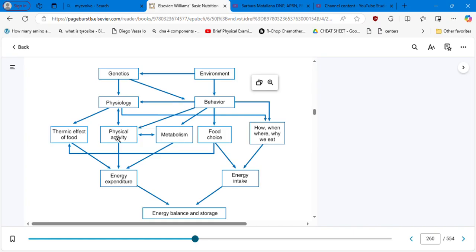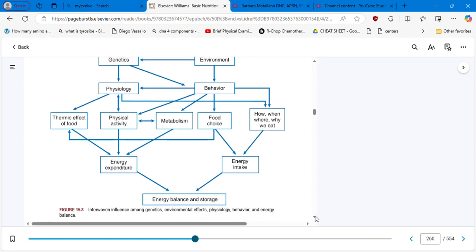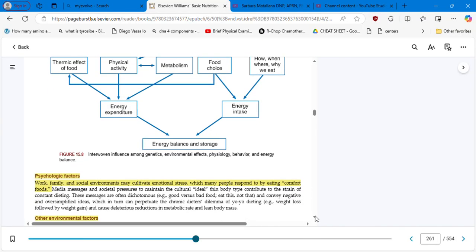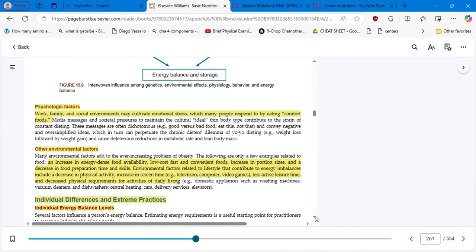Now my physical activity, if I am sedentary, is going to trigger a lot of consequences in my physiology, right? But if on top of that I'm having a genetic factor, the physiology is going to meet all the history that I just mentioned. So you can try to put yourself in this diagram and see what is the relationship.